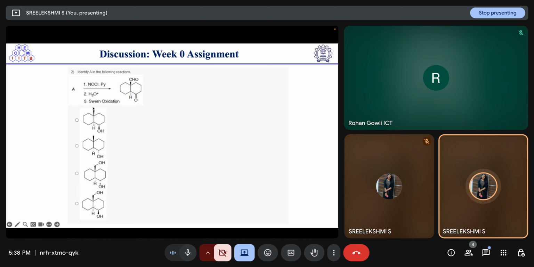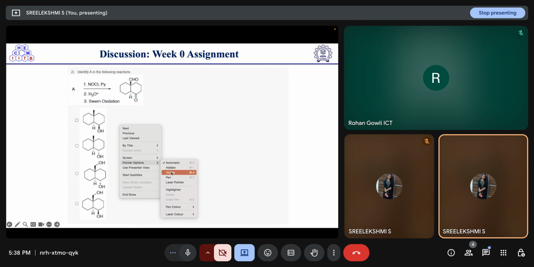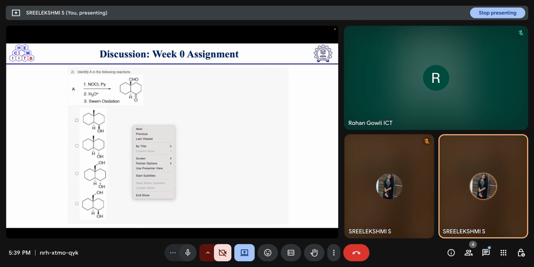So if we consider this first option, here in the first step it can form ONO. And here is one methyl group, and the stereochemistry is already fixed here. Here also the stereochemistry is fixed.